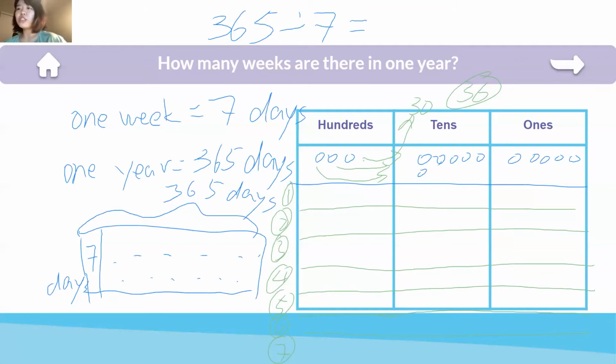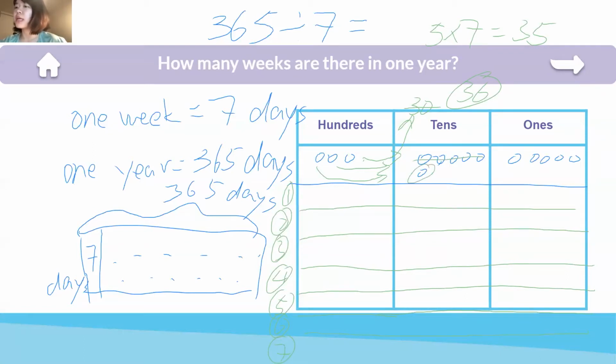And what is 36 divided by 7? Okay, so we can use 5 times 7. 5 times 7 gives us 35. And 36 minus 35, the remainder is 1. So we only have 1 left, and 1 is less than 7.